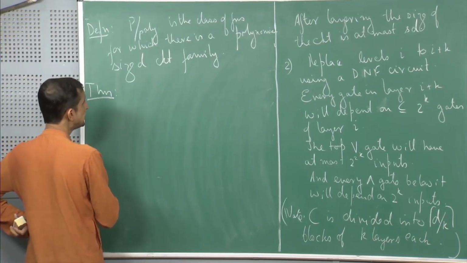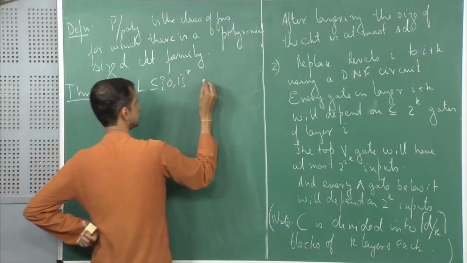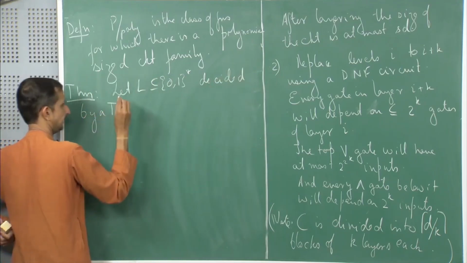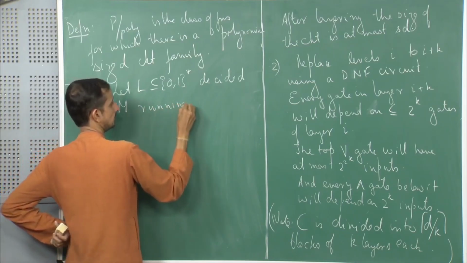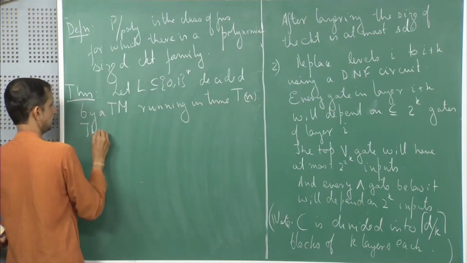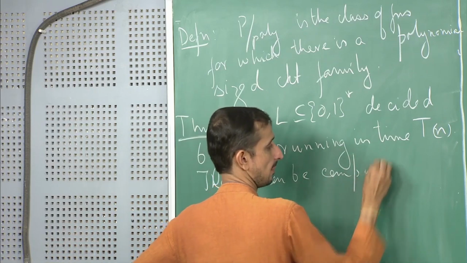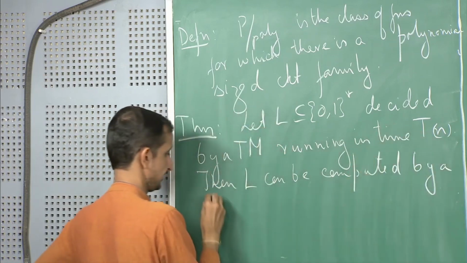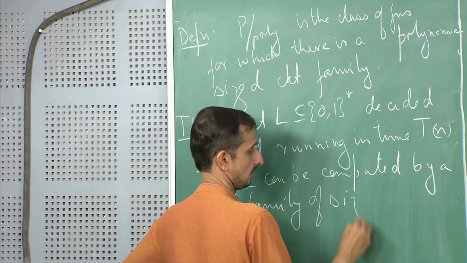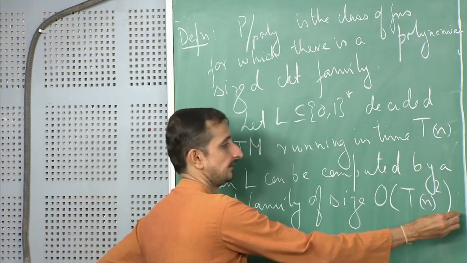We will prove the following theorem: let L be a language decided by a Turing machine running in time t of n, then L can be computed by a circuit family of size order t of n square. Okay.